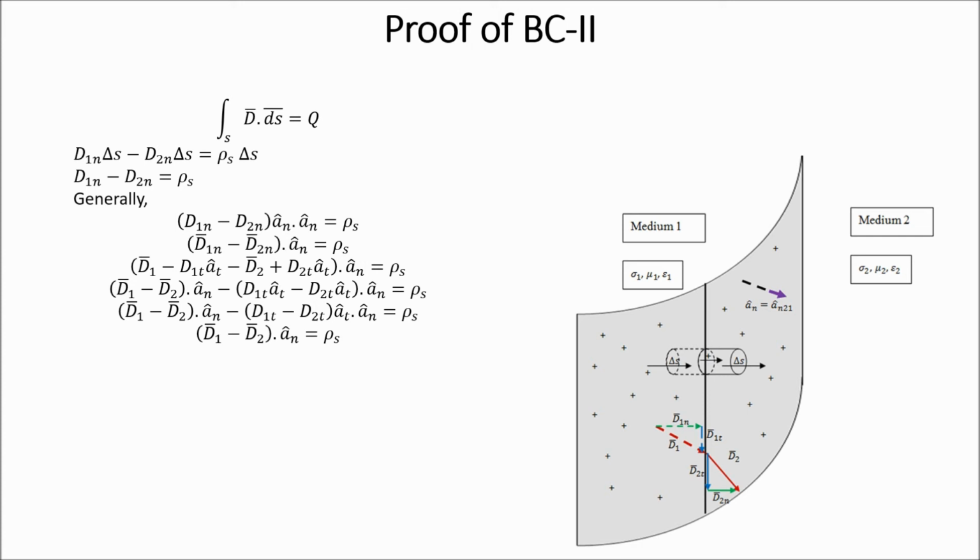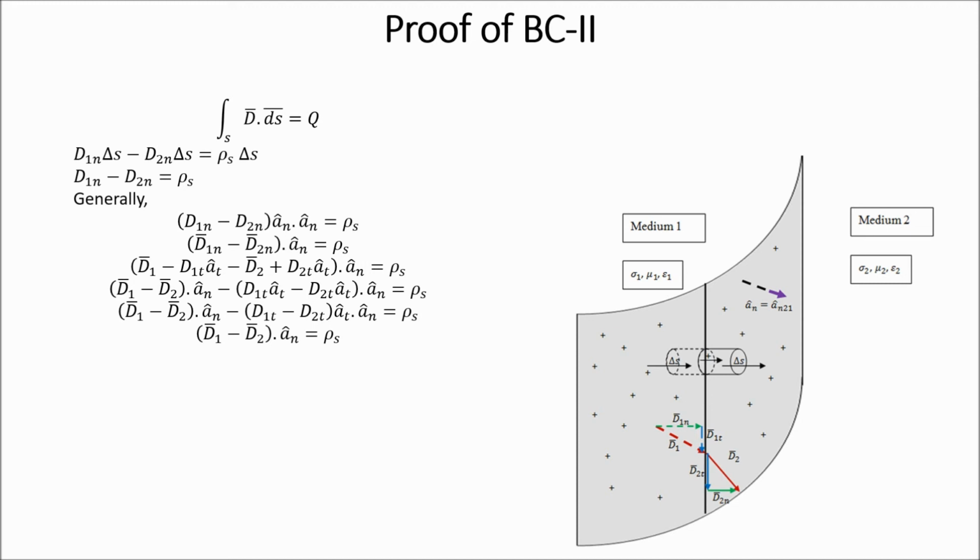The electric flux entering the surface is D1n delta S, and the flux leaving is D2n delta S. This difference is contributed by the enclosed surface charge, which is rho s times delta S. Now if we drop delta S from the expression, we get D1n minus D2n is equal to rho s. Now let us produce the general expression.